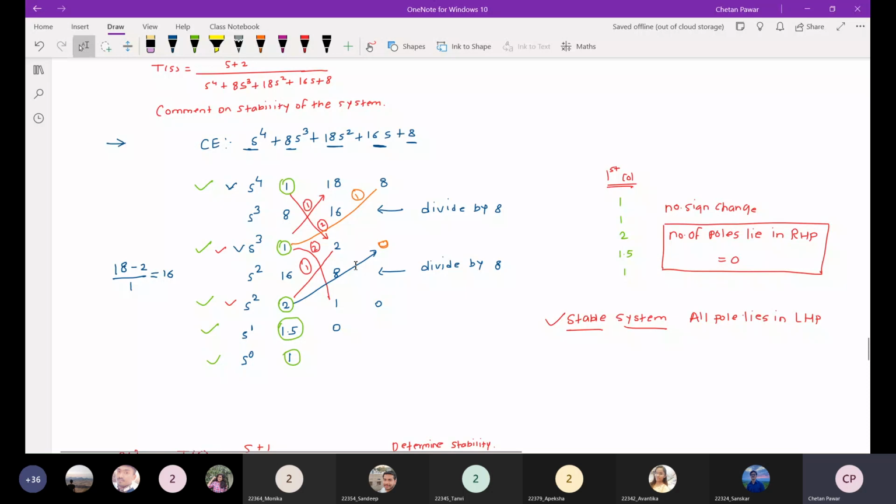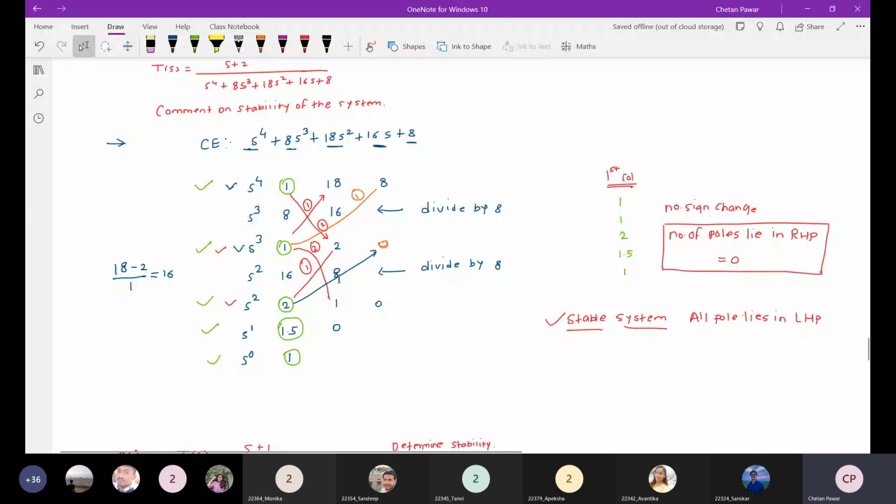So similarly here you can see, to find the a square row's elements, we use the same formula: 18 into 1 minus 2 divided by 1, so that will be 16.